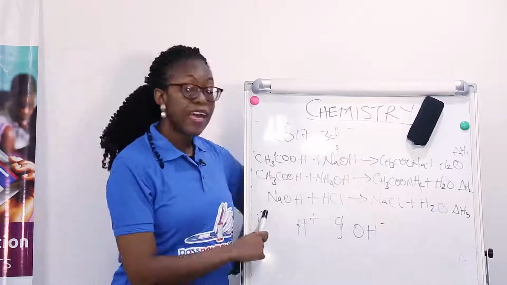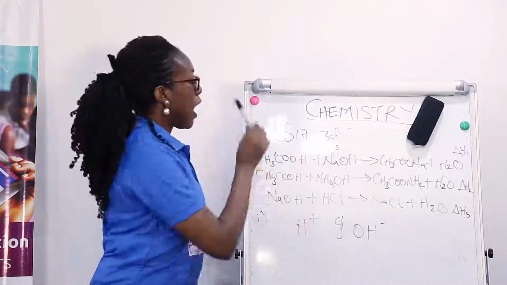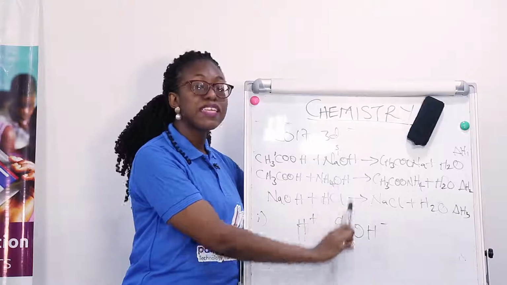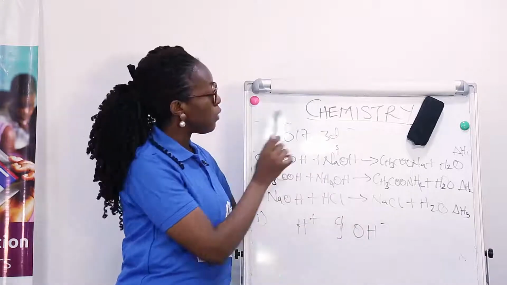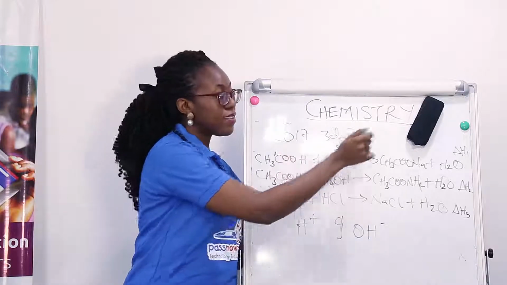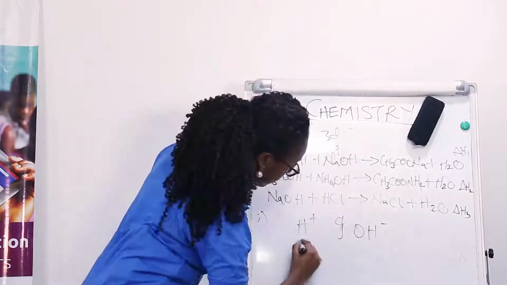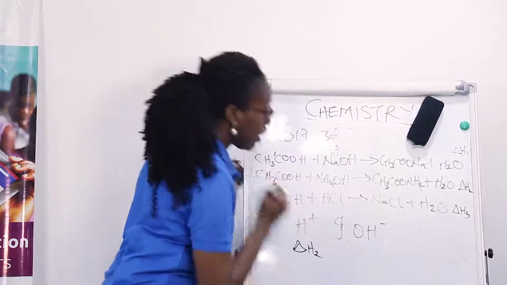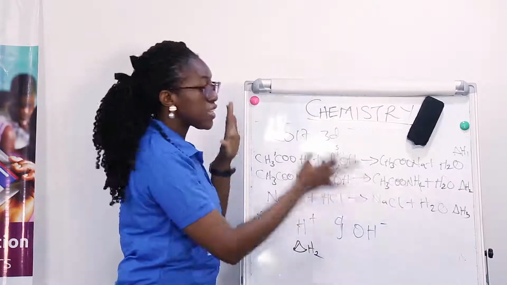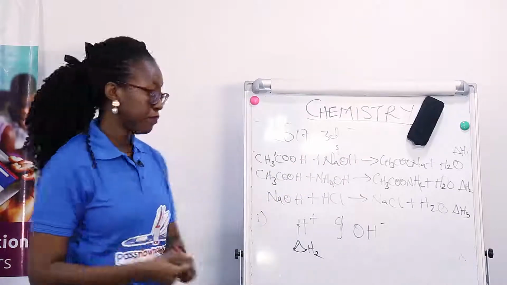A strong acid and a strong base will undergo complete ionization. A weak base and a weak acid will undergo partial ionization. And a weak acid and a strong base will undergo partial ionization. Now, this will come first, the second reaction. It will have the least enthalpy change because it is a reaction between a weak acid and a weak base.